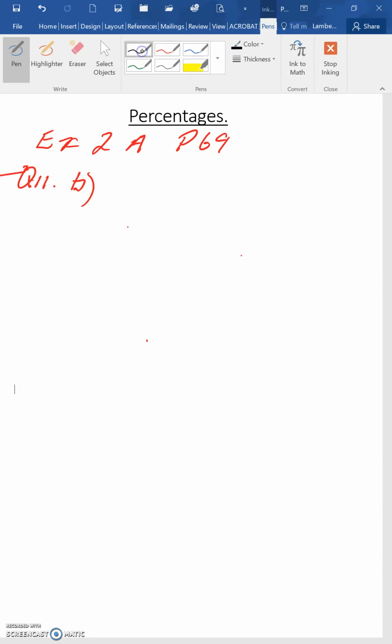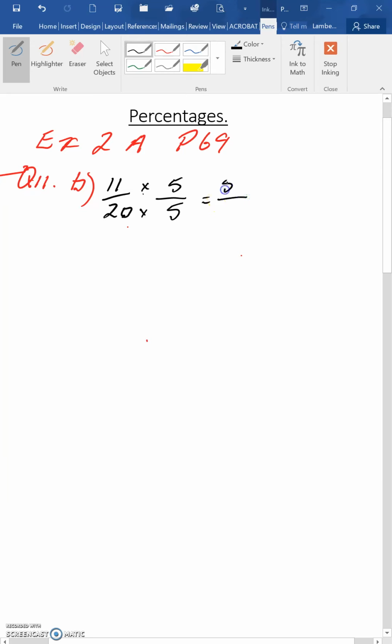Okay, in question 11, it wants us to take a fraction, which in this case is 11 on 20, and convert it to a base with 100. So in this instance, we'll have to multiply it by 5, both the top and the bottom. And once we've got that, we've got 55 over 100.